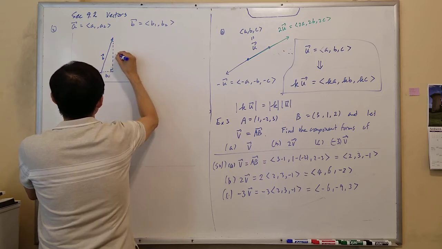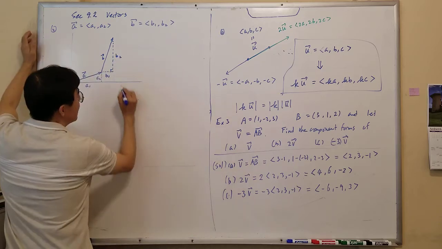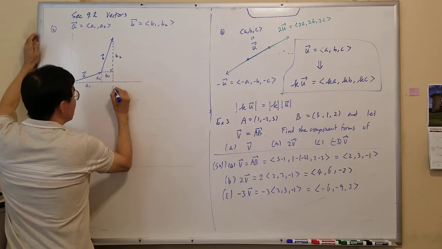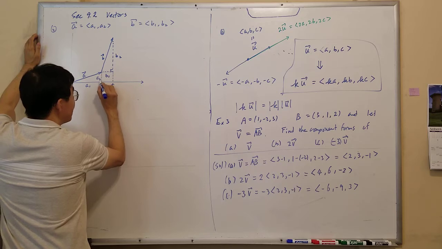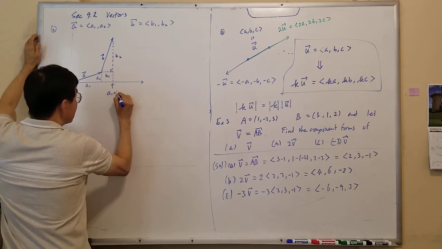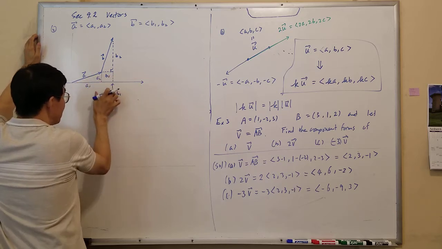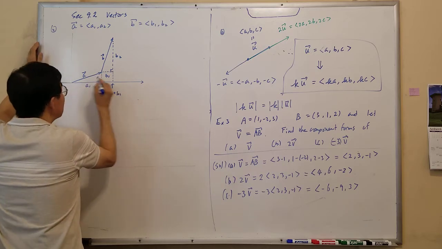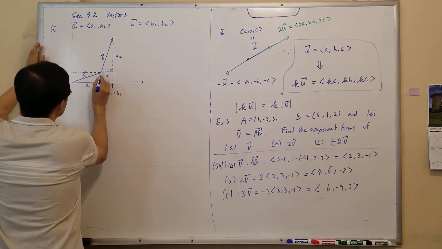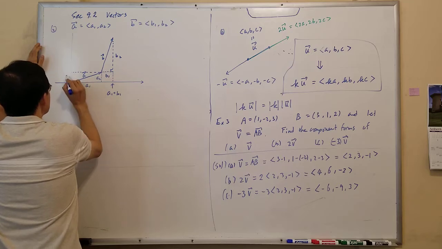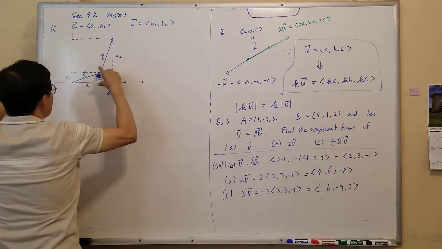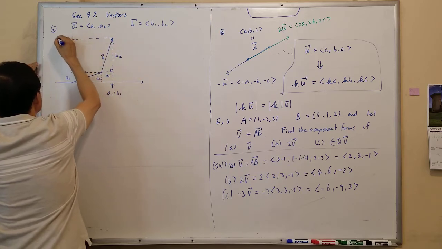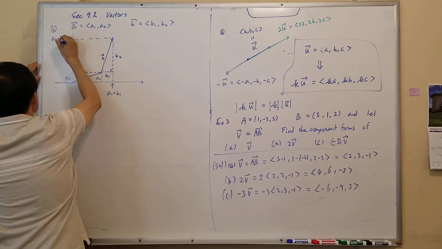This is (B1, B2). So if I draw from here, that x coordinate should be A1 plus B1, right? Just the projection of B1 on top of A1. A2 here. What is it? A2 plus B2. Right?